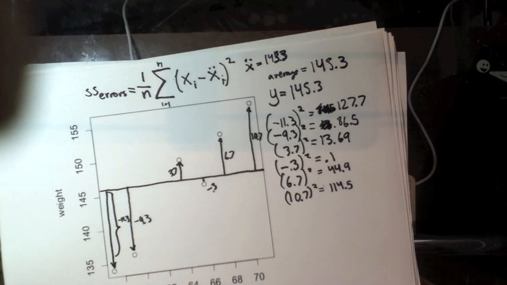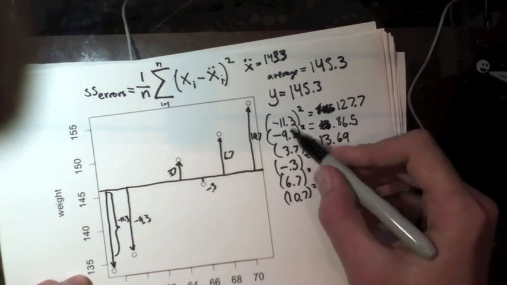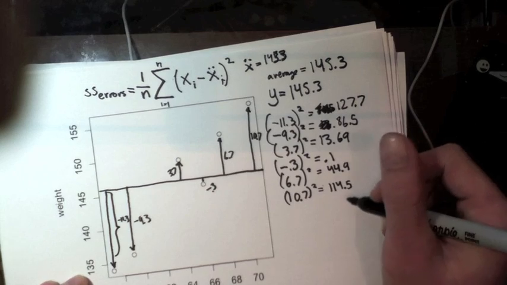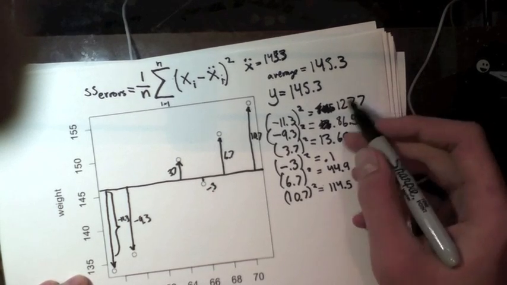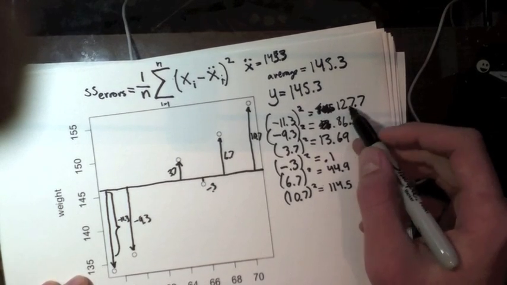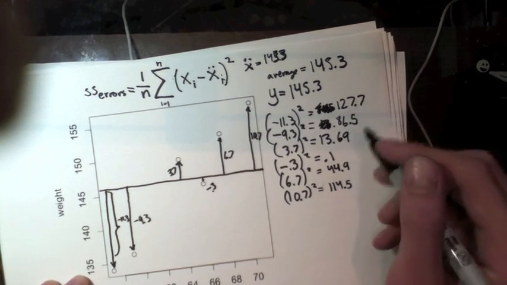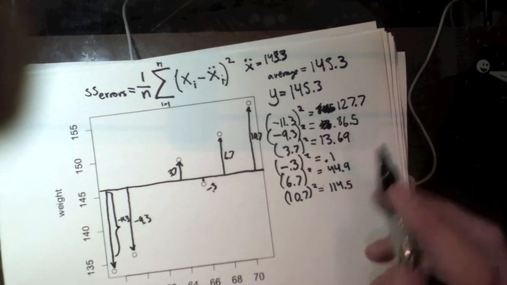Okay, so I fixed my mistake, and so we've got the squares of all these numbers. Some of them were negative. Now that we've squared them, everything is a positive number. So these are actually the squared deviations, or variations. I forget. Anyways, don't quote me on that.